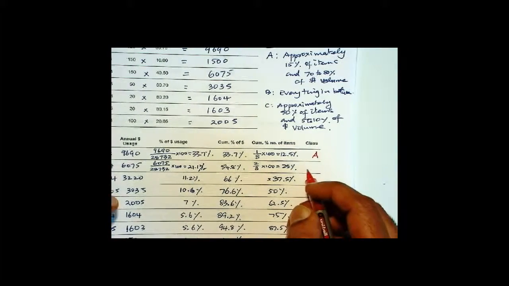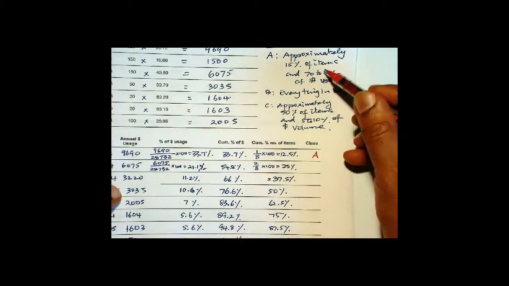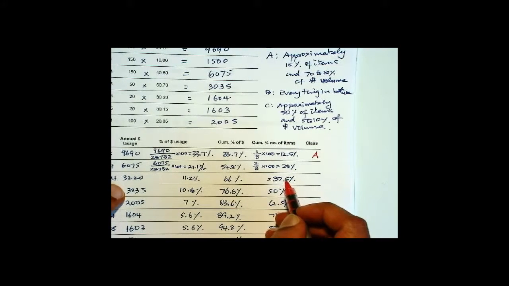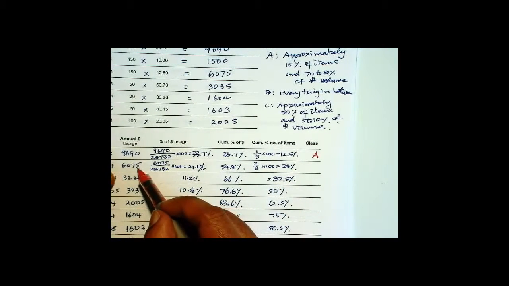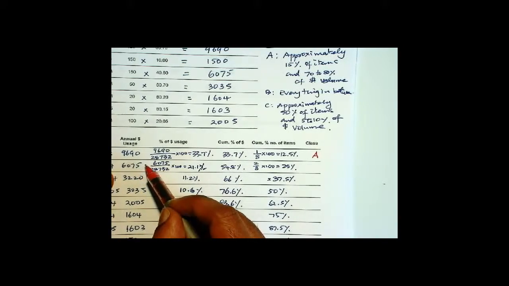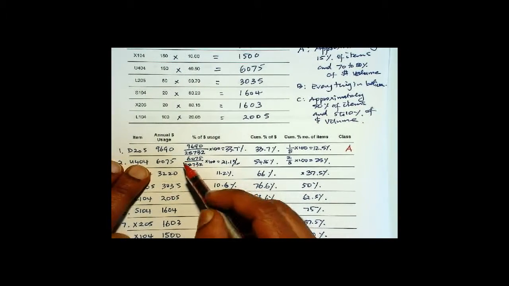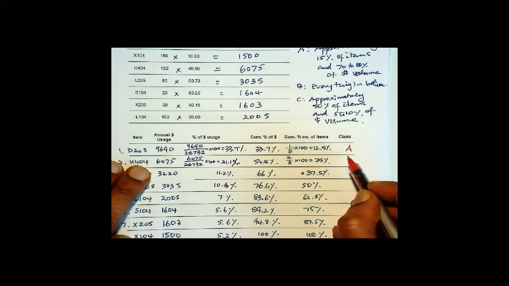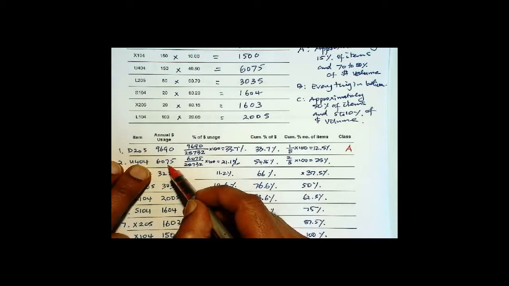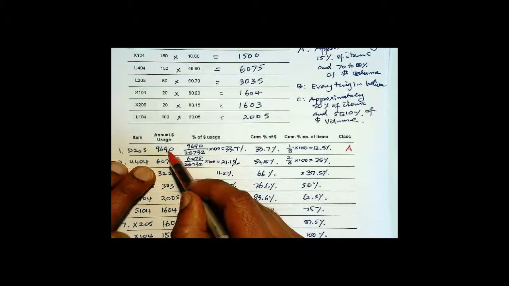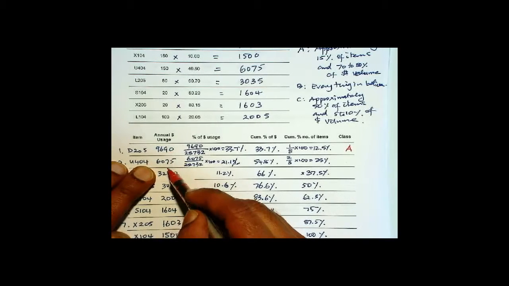Now how do you try to resolve this discrepancy? Well, one way to look at it is to look at the annual dollar usage and see whether we stop here or proceed further down as A. Is this annual dollar usage closer to the previous A or the one that comes below it?